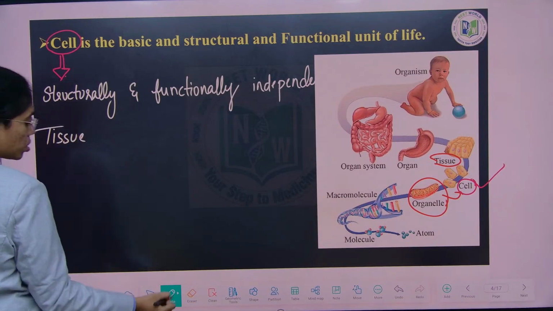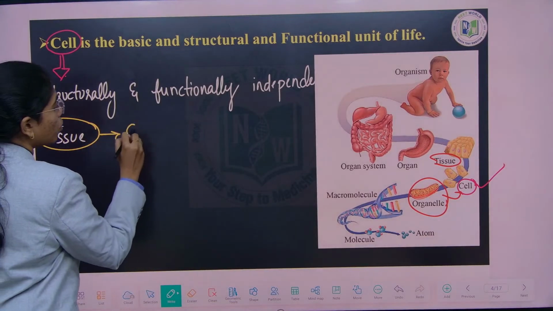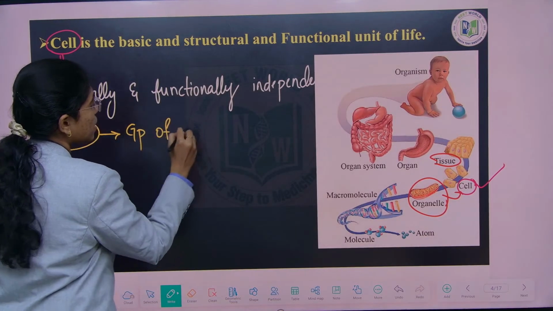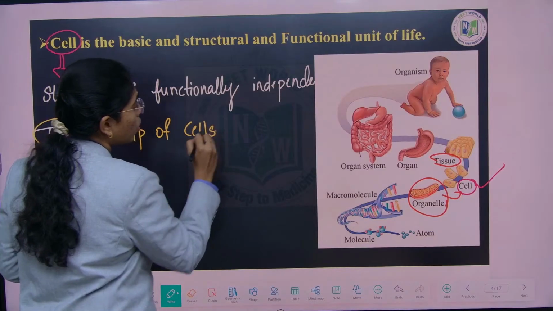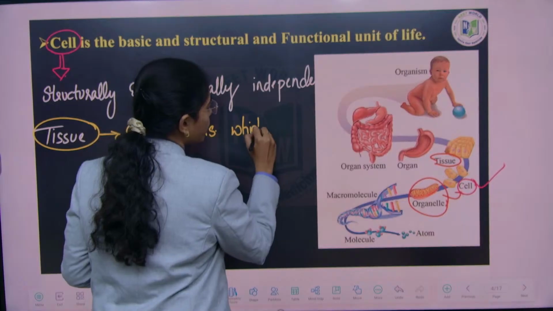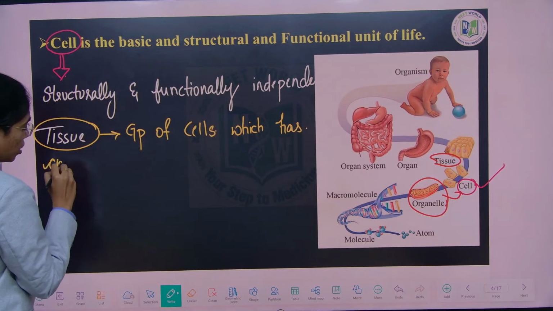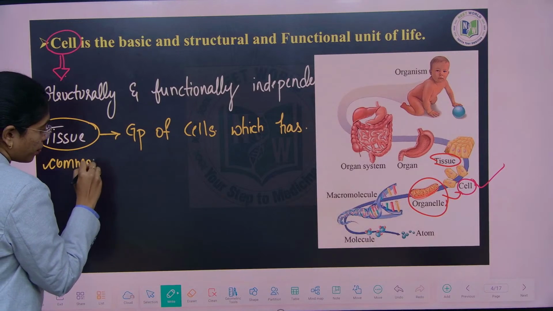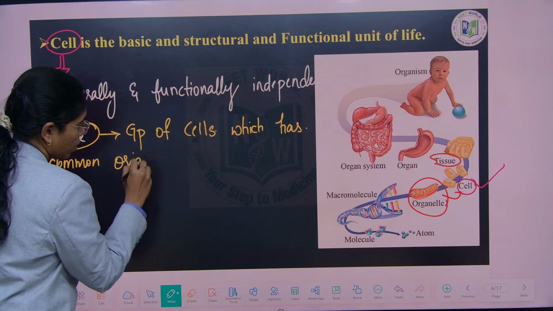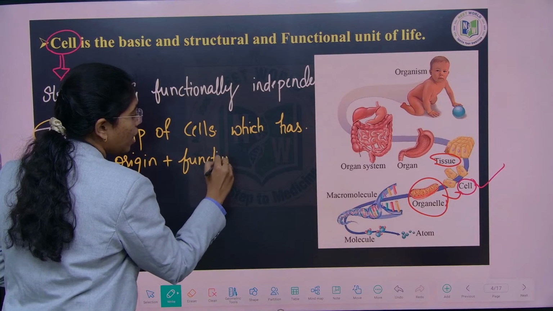A tissue includes a group of cells which has a common origin and a common function.